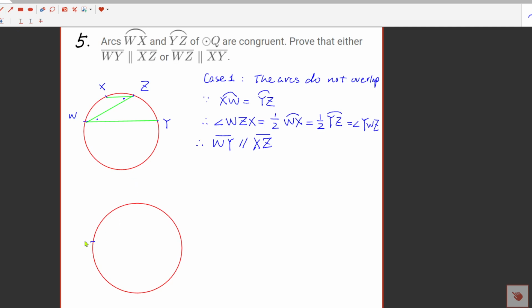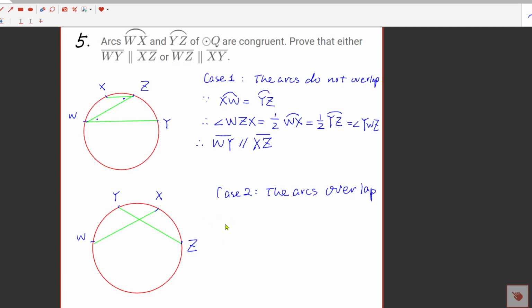So we could have W here, X here, and then Y here, and Z here. Again, let's connect these points, YZ and WX. So case number 2, the two arcs overlap.